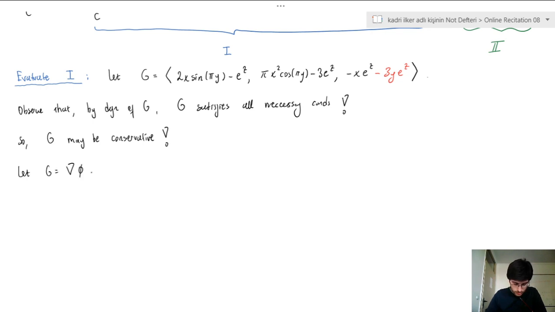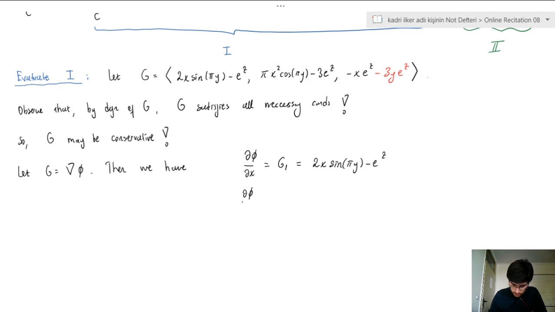Phi is our potential. Then remember how to deal with those things. Then we have the following bunch of equations, right? So we have del phi del x. Remember, this should be G1, its first component, which is just 2x sine pi y minus e to the z.